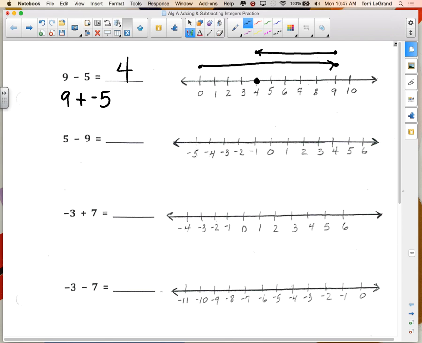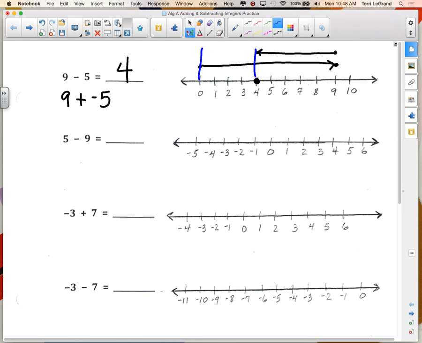So what's happening is the same thing as we just showed on the number line. That 9 is positive. It's going in the positive direction. That 5 is negative. It's going in the negative direction. And what we have left over is right here. Notice what happens. We have 4 units of distance left over, and that 4 units of distance left over is in the positive territory, isn't it?